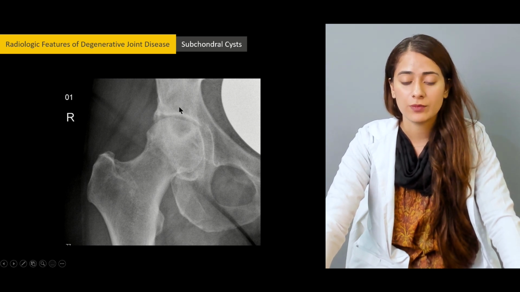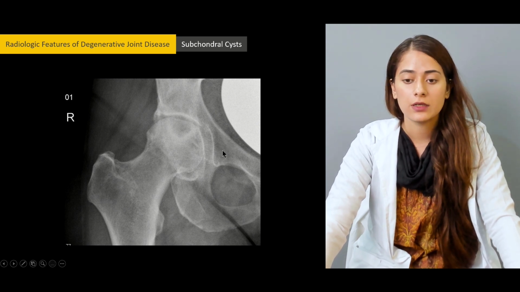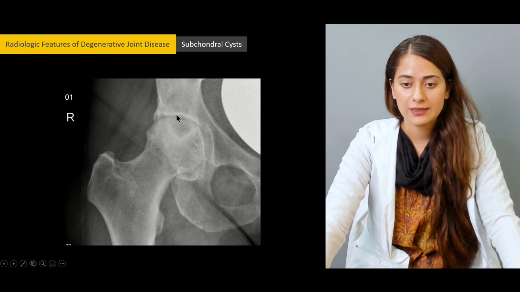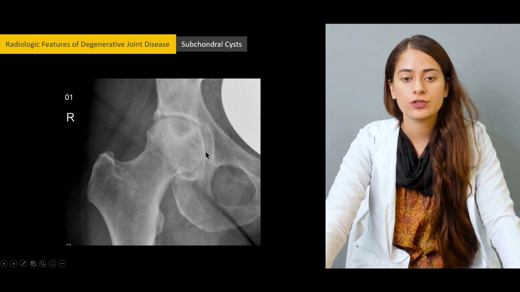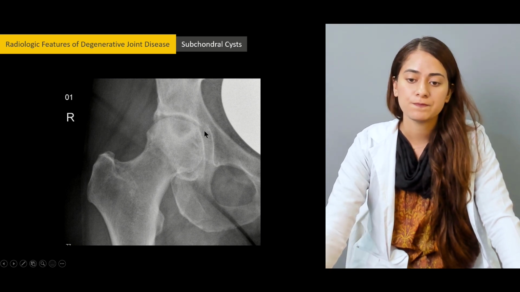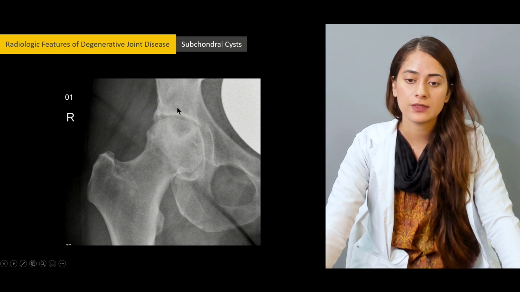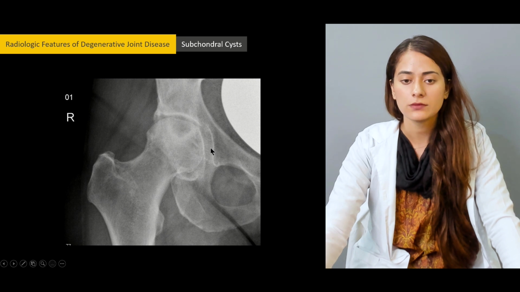This is very clearly visible on the x-rays, and this disruption in the acetabular fossa is indicative of this subchondral cyst. And the sclerosis is also present. There is narrowing of joint surfaces as well.